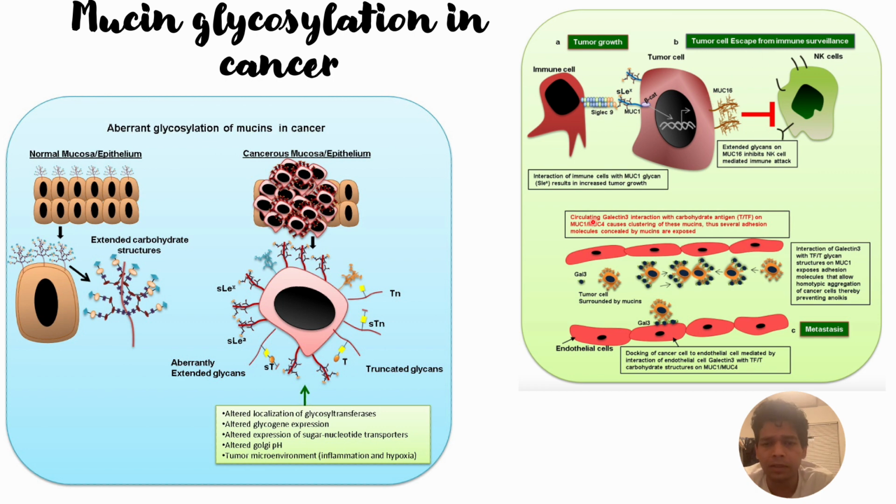And another role is related to metastasis, where galectin 3 is present in the blood vessels, and it can interact with the T antigen of these tumorous cells, that can be seen here. Here galectin 3 has not yet interacted with the tumorous cells, and these tumor cells with the Tn antigens are present.